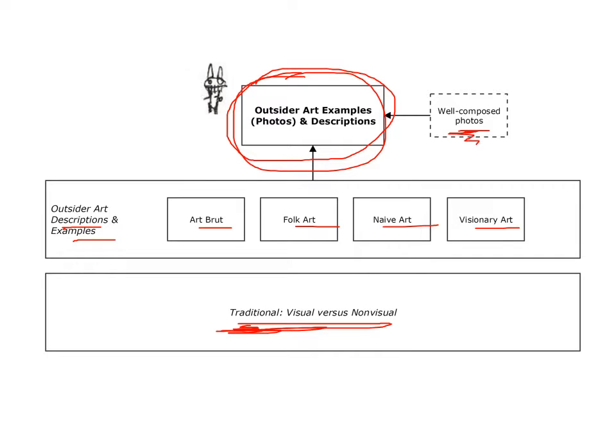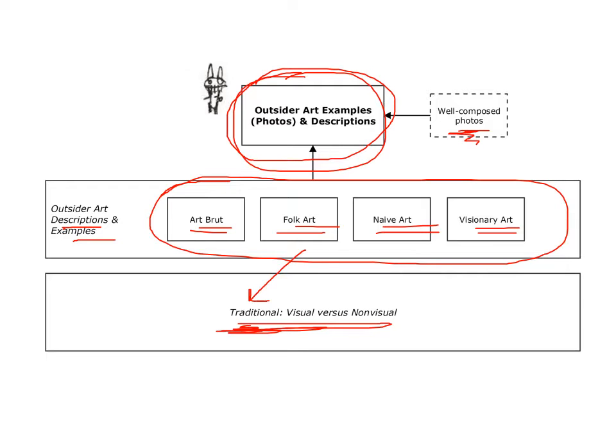It would depend on my students and probably some other factors. But I would know from a real basic map of the content that a lot of the information I'm going to be developing for this program is going to surround identifying descriptions and examples of these 4 different types of outsider art, and in some way providing information that contrasts this with traditional.